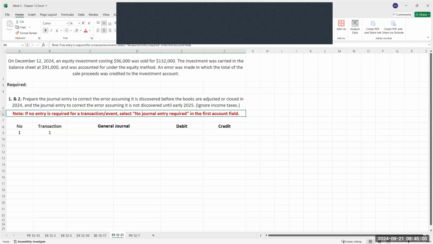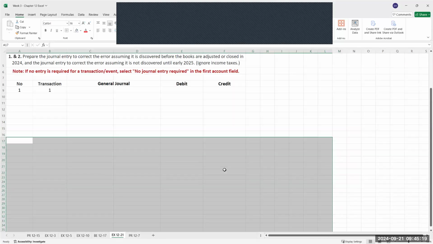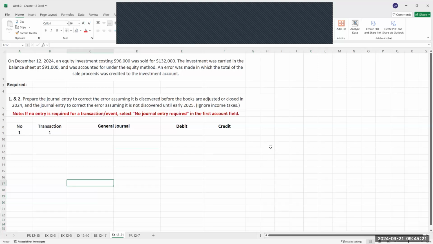So how do we figure this out, right? We need to first think about, well, what would happen if we didn't figure out the journal entry? So here's what we need to do. What was the journal entry that the company made? We can actually set up a T account. This might help.